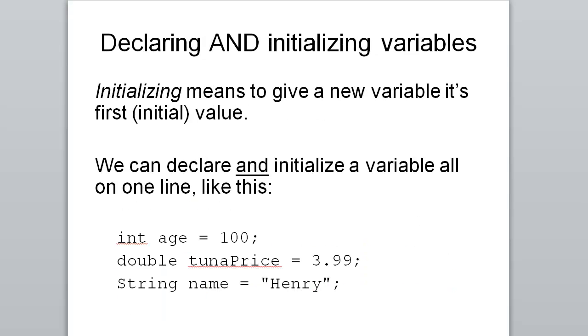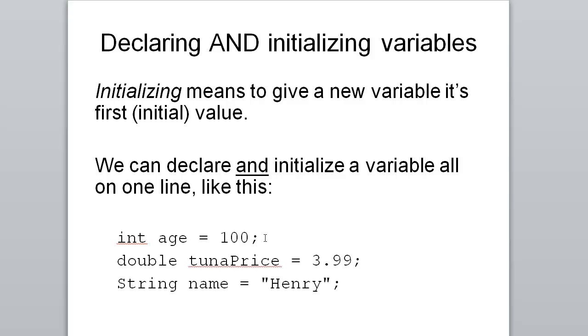So we talked about how to declare variables, and then we talked about how to put values into them, but you can actually do all that in one line. Here's an example of that. Declaring and initializing variables all in the same line. So we can say int age equals 100. What this means is create an integer variable called age and then put in the value of 100.